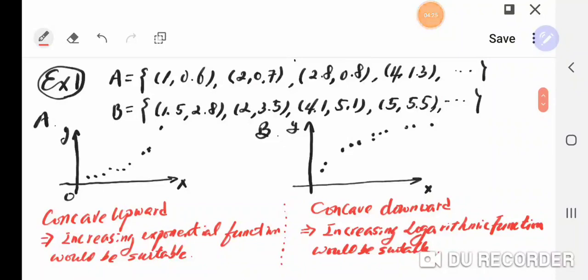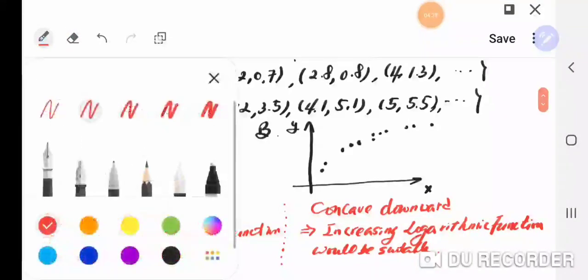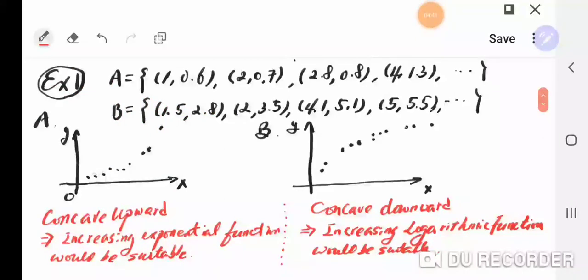Example 1. There are two sets of data. Once you plot this data for each set, set A looks like the first graph. So if you see this, the data is something like this, and this is concave upward.